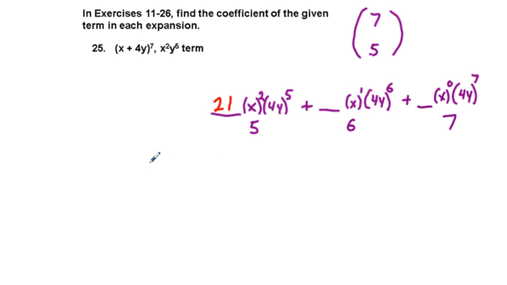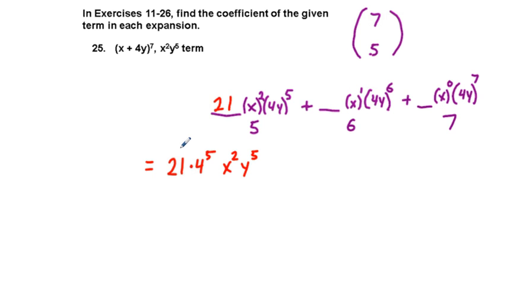So our answer is going to be this 21 times 1 squared, that's going to be 1, times 4 to the power of 5, and then x squared y to the 5th.